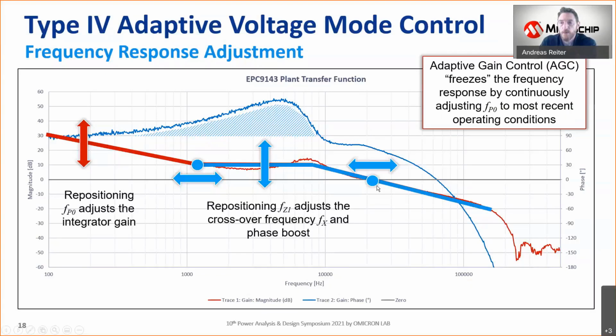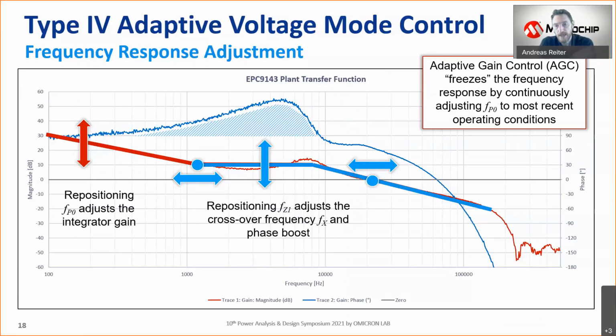So once we have found a setup that is working for us, now we use an additional technique called adaptive gain control. And I think this has been introduced on this Power Symposium already a couple of times, so I keep it short here. What this does is it's a very specific kind of feed-forward control, which always tunes the gain to a desired nominal level. So I would analyze and adjust the loop in this case for nominal operating conditions. Let's say 48 volt in, 12 volt out.